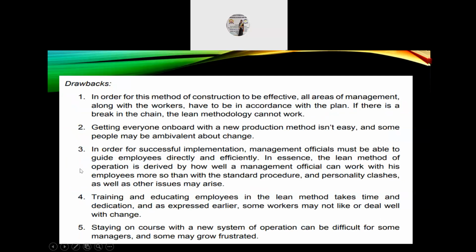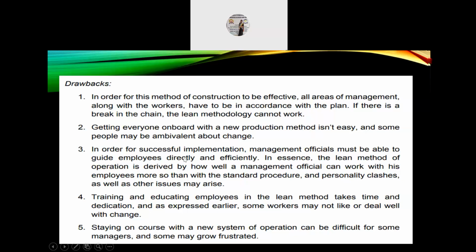Next, drawbacks. Number one, in order for this method of lean construction to be effective, all areas of management along with the workers have to be in accordance with the plan. So if there is a break in the chain, the lean methodology cannot work. Getting people on board with a new production method isn't easy, and some people may be ambivalent about the change.